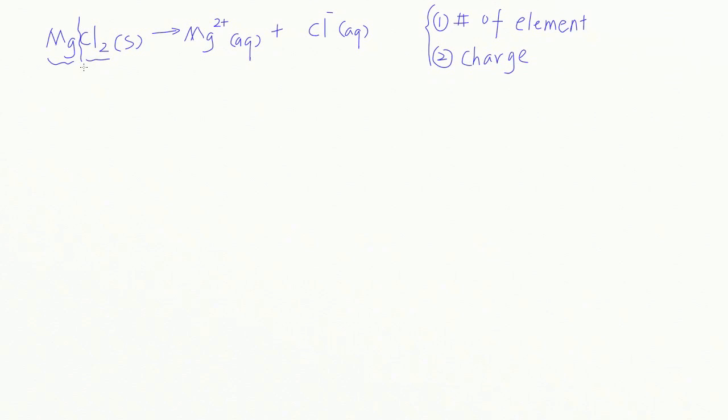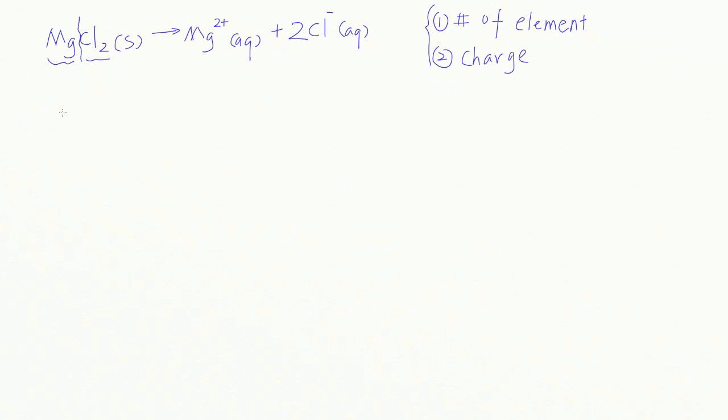But for chloride, you have two chlorides on the reactant side, but only one chloride on the product side, so it's not balanced. So you have to make sure that you have two chlorides on the product side. And again, if you check the charge, you have two positive charges and two negative charges. The charge is balanced. You are good.